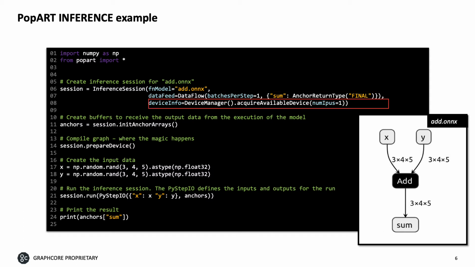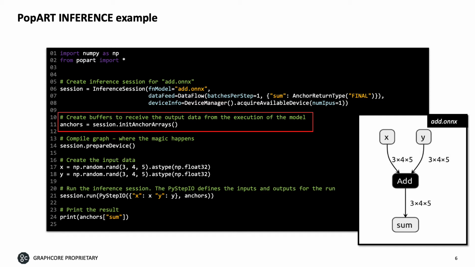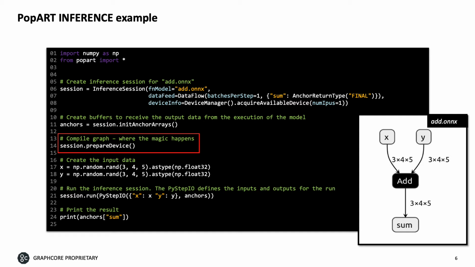We request only one IPU device through the Device Manager. Once we have created the session, we use init anchor arrays to initialize the host buffer to store the result. And the important one is line 14, where we call prepare device.